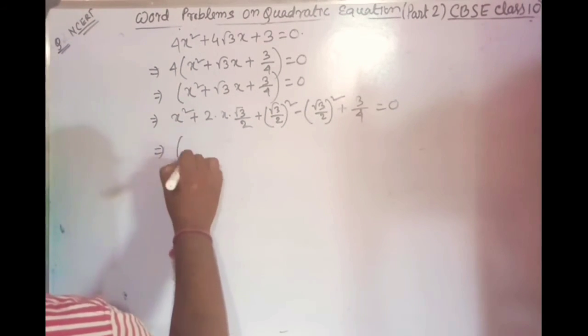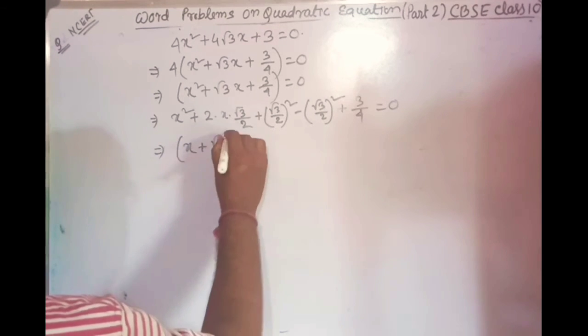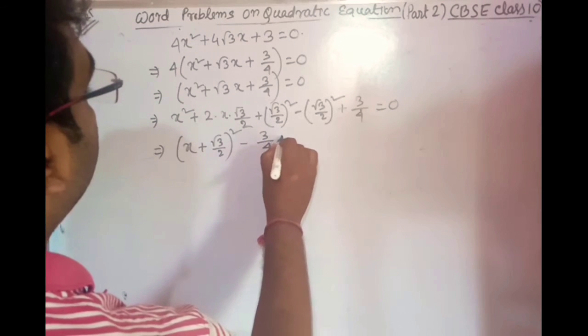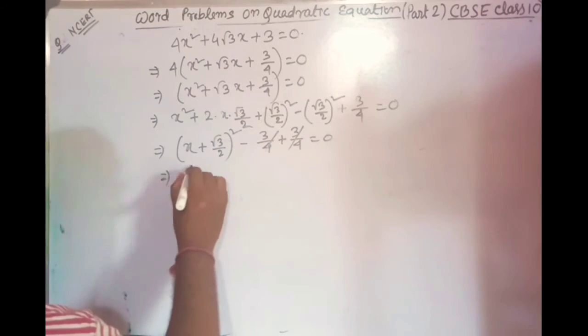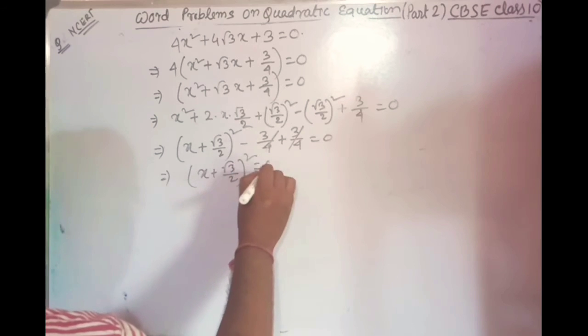So this can be written as x plus root 3 by 2 whole square, plus 3 by 4 minus 3 by 4 cancels, so x plus root 3 by 2 whole square equals 0.